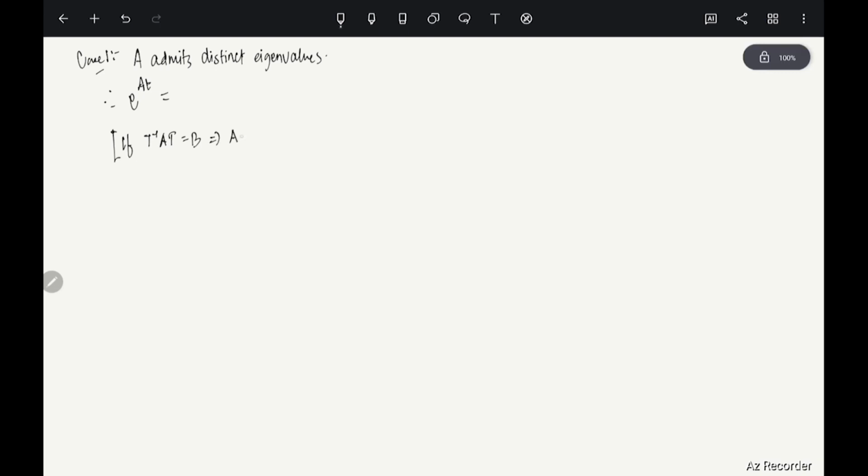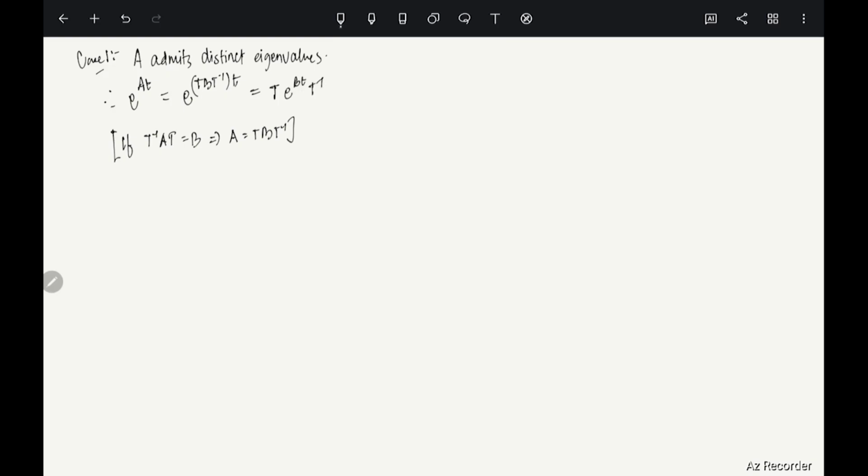So you see, what is A? A is T B T inverse, right? And then what is e power At? It is nothing but e power T B T inverse times small t, right? And we know, when we were doing the matrix exponential, we talked about this property of the matrix exponential. It is nothing but T e power Bt T inverse.